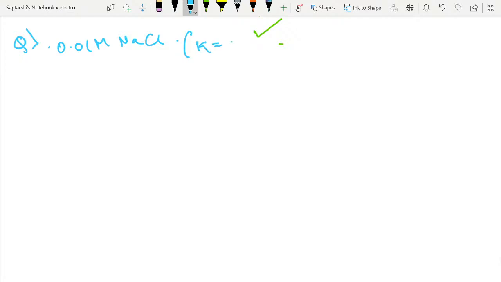So kappa is equal to 0.002768 ohm inverse centimeter inverse. The resistance that was given, R, is equal to 82.4 ohm.